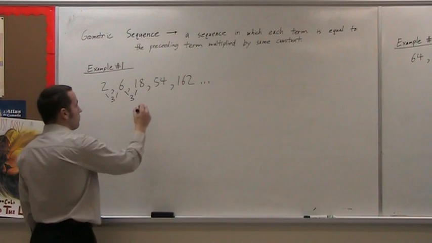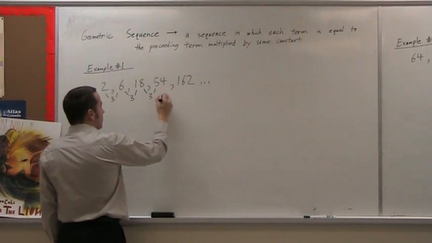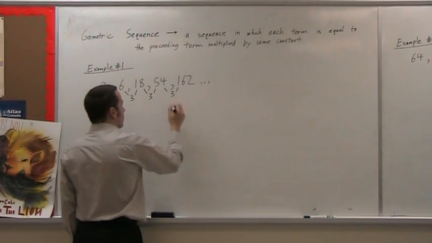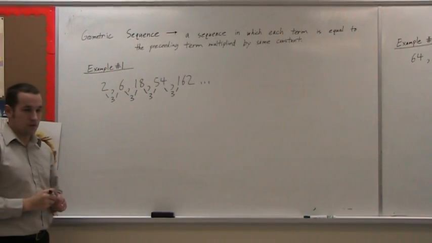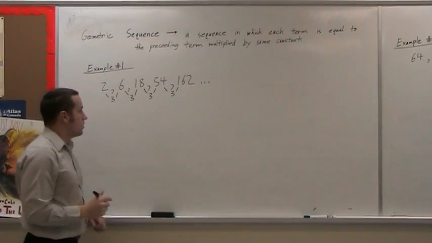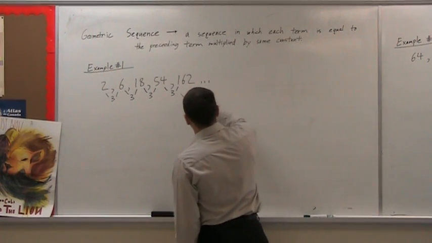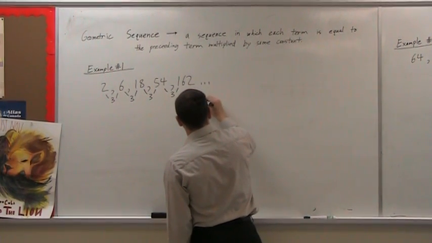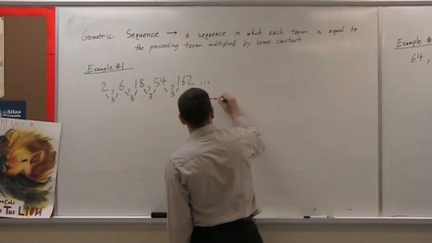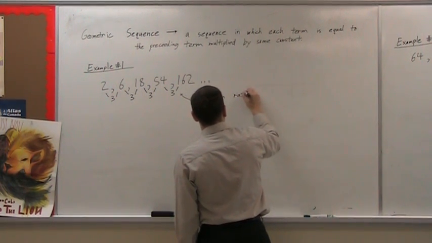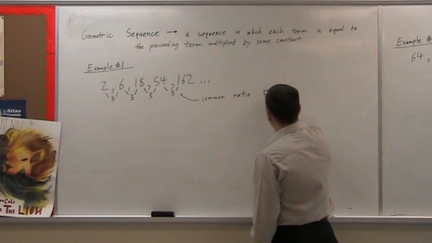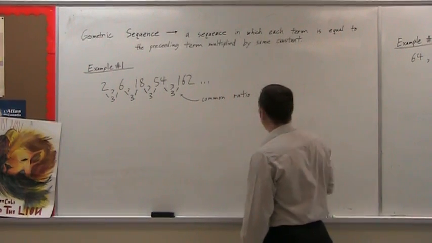So it looks like we're multiplying each term by 3 to get the next. That is known as the common ratio, and we'll represent it by R.